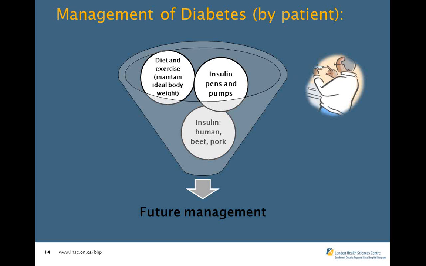The way that I like to think of it is, when the pancreas is working but not enough to keep the body in balance, we generally treat with oral hypoglycemics first. There are multiple types of oral hypoglycemics. Usually you start with one. If that doesn't work, you either move to a second one, or some people are on multiple hypoglycemic drugs.